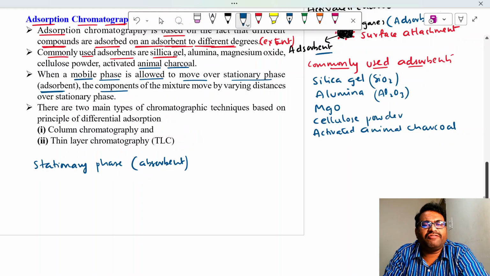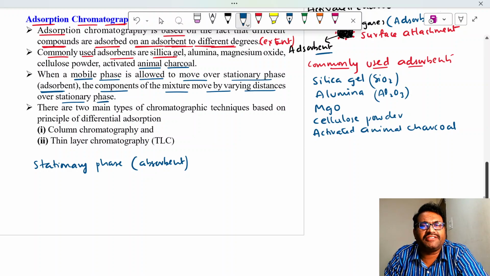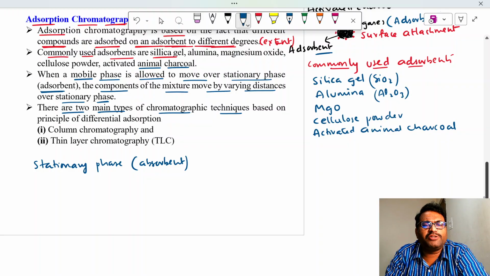The components of the mixture move by varying distances over the stationary phase. Then what is adsorbate? The different components are called adsorbate. So there are two main types of chromatographic techniques based on the principle of differential adsorption.